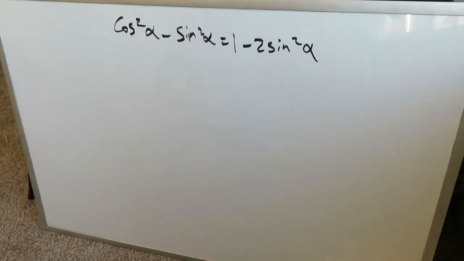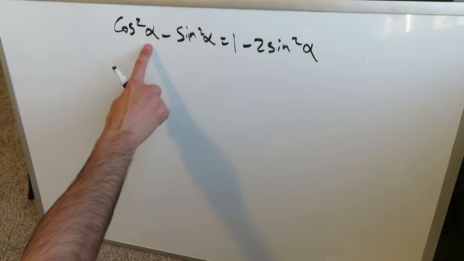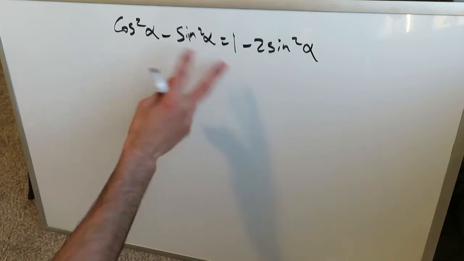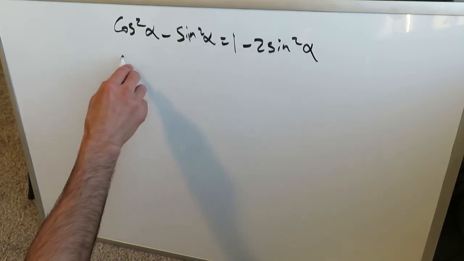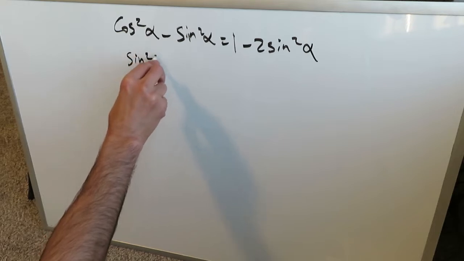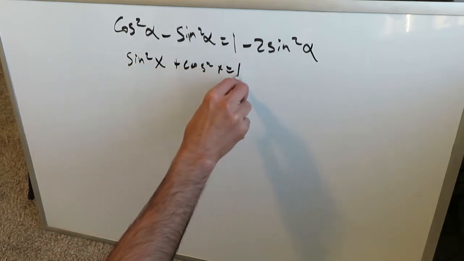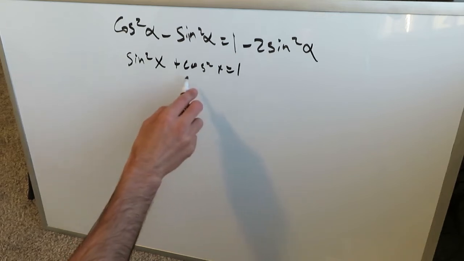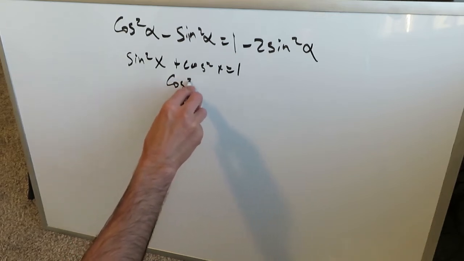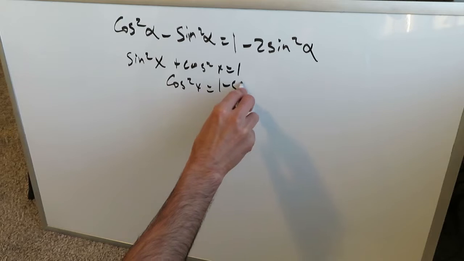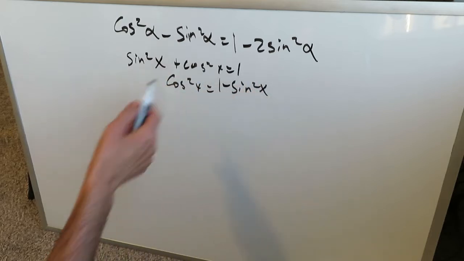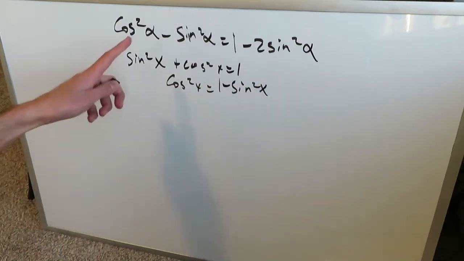You can do this in one of two ways. If you think these alphas are just x's, it doesn't matter, these are just variables, it could be any letters here. You can think about the Pythagorean identity, sine square x plus cosine square x is equal to 1. You can solve one in terms of the other. Let's solve for cosine square x. Cosine square x is equal to 1 minus sine square x, and here the x is synonymous with the alpha variable you're seeing.